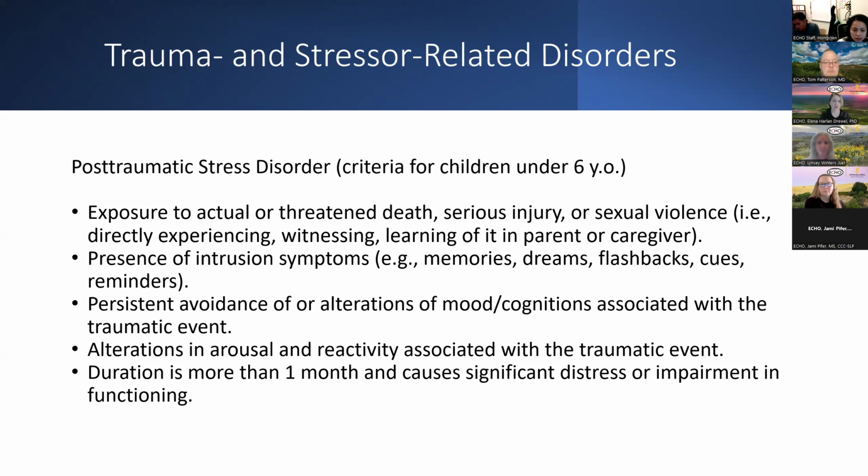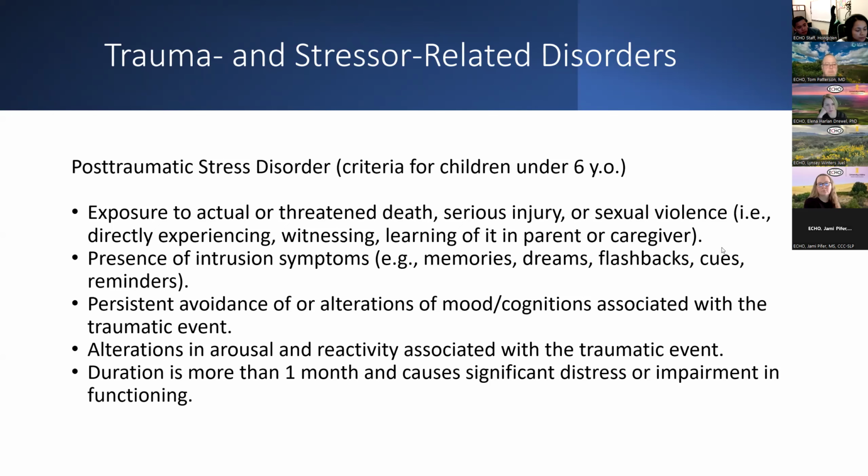And usually there's intrusion symptoms that occur, like memories, dreams, flashbacks, reminders, cues. And upon these intrusion symptoms, or upon these reminders of the traumatic event, there may be persistent avoidance or alteration of mood or cognition. And then alterations in arousal and reactivity associated with the traumatic event. And the duration is more than 1 month and causes significant distress or impairment in functioning.